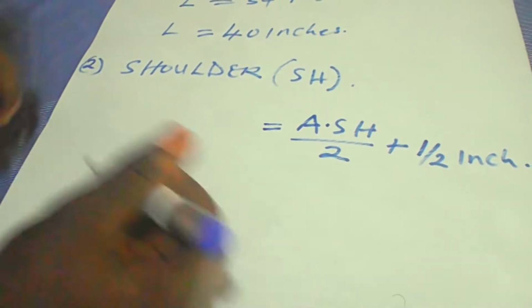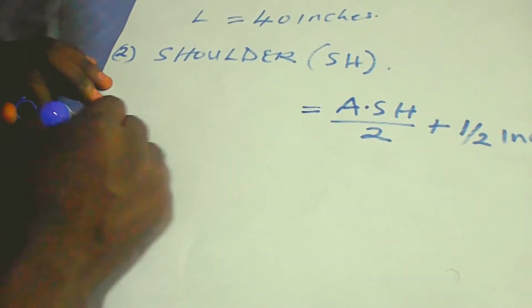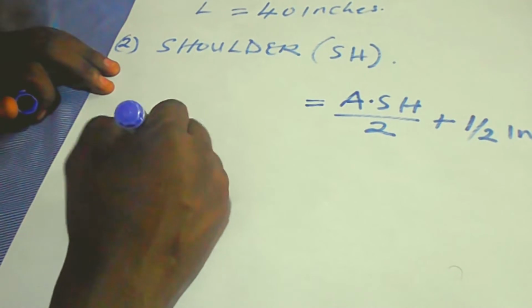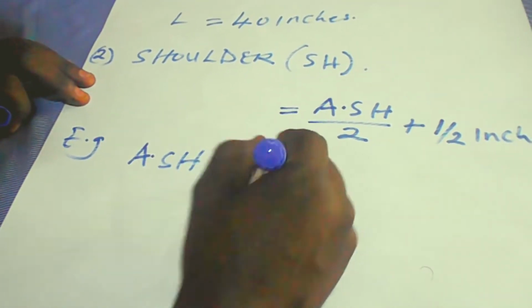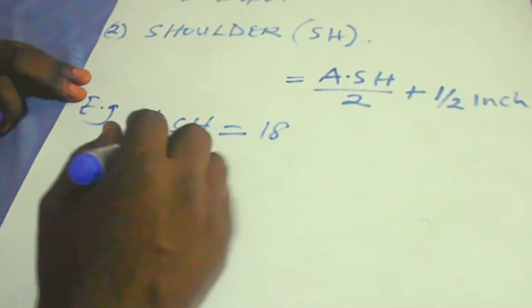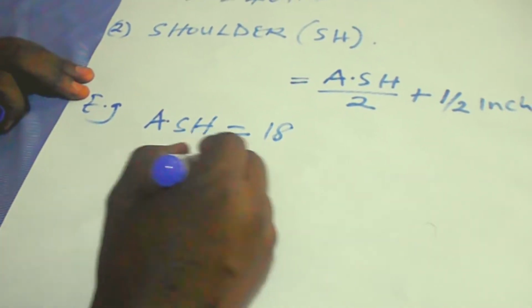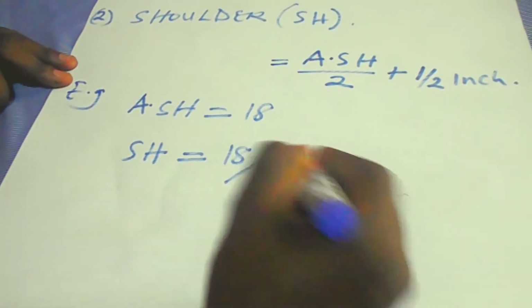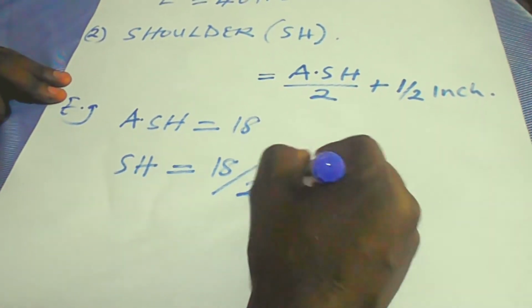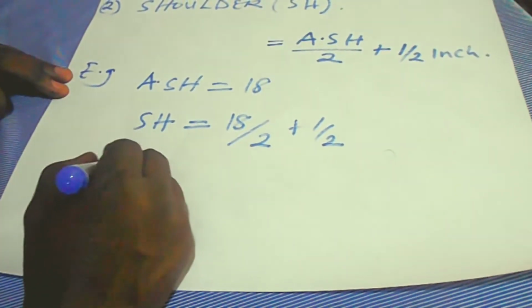For example, if the actual shoulder measurement of the client is 18 inches, the shoulder you are going to use will be 18 divided by 2 plus half inch, which is what?